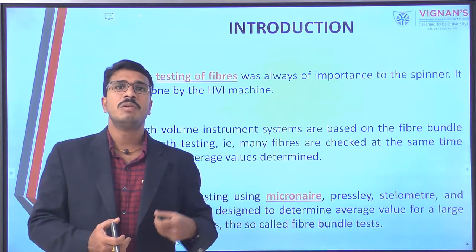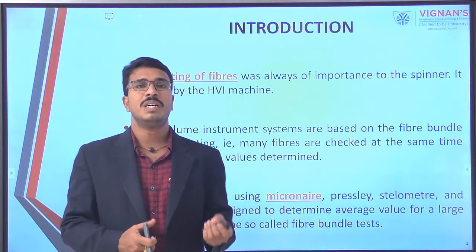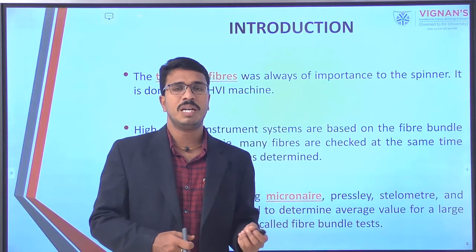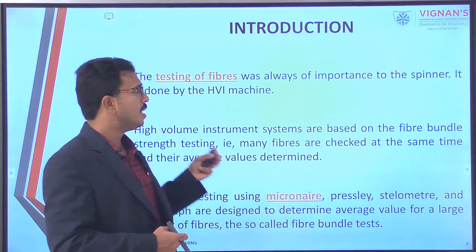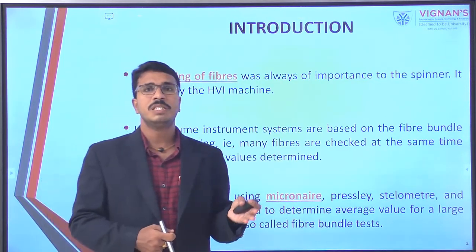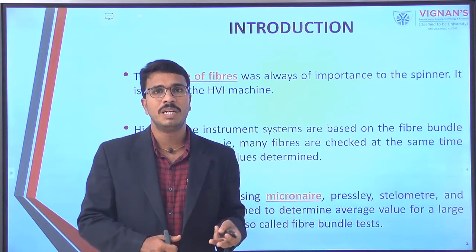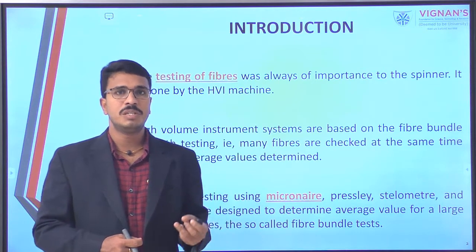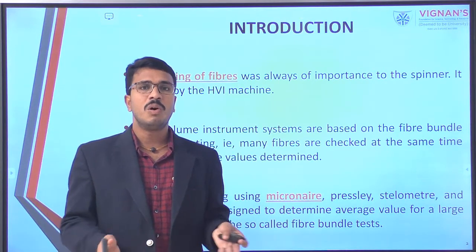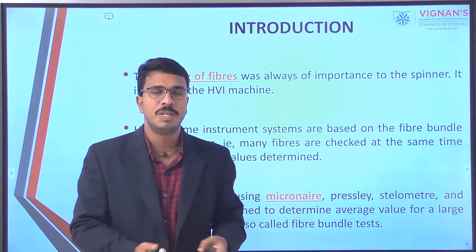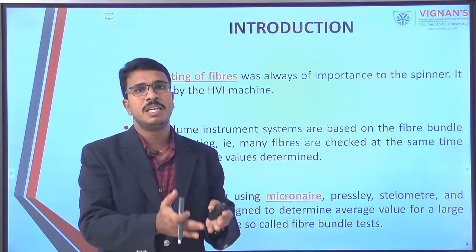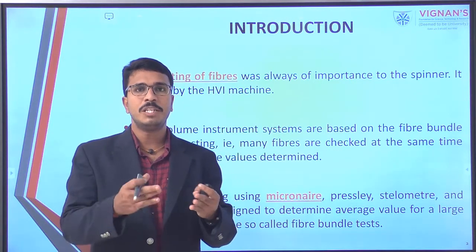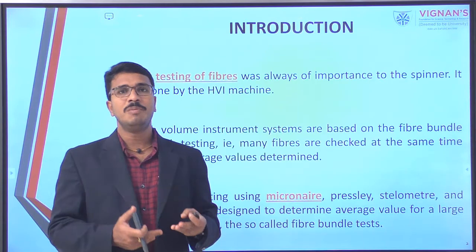But they are not fast, and the accuracy is also not that good. So this high volume instrument was introduced, which is fully automatic and gives precise, accurate results, and all these fiber dimension measurements can be done on a single instrument. That is the beauty of high volume instruments.